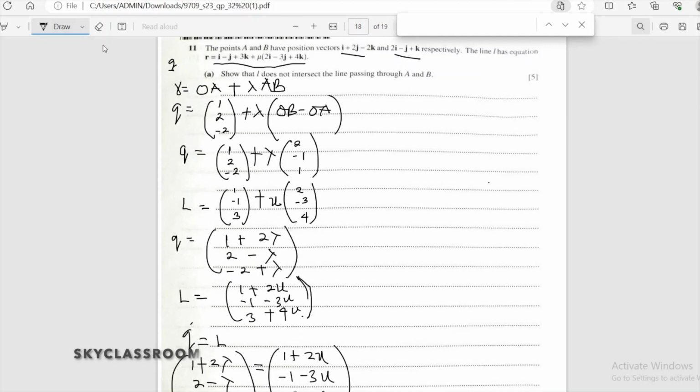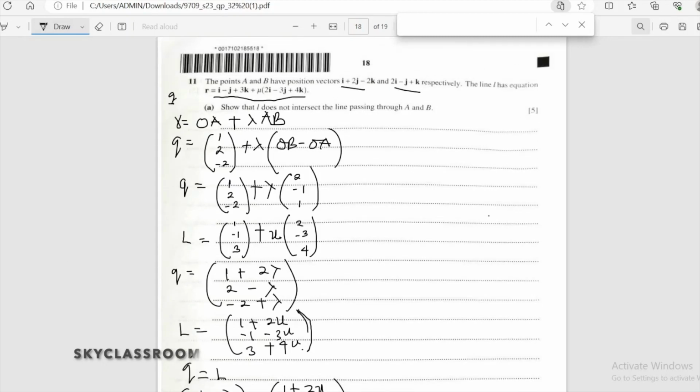The first point is (1, 2, minus 2). The equation of L is (1, minus 1, 3) plus mu (2, minus 3, 4).